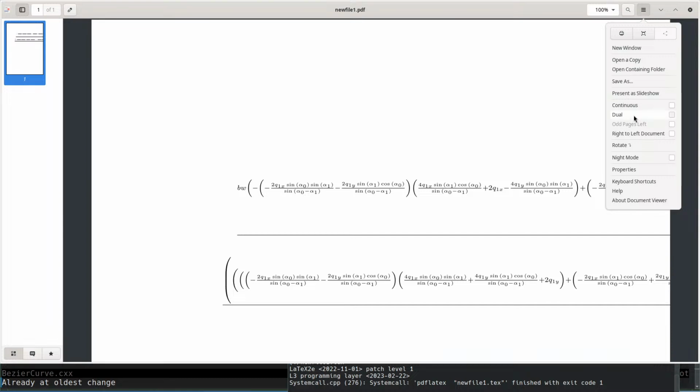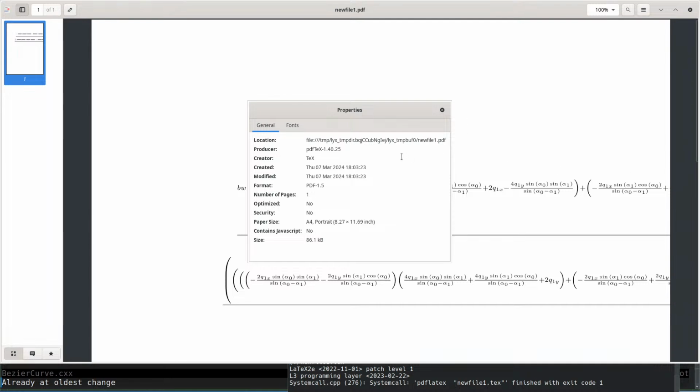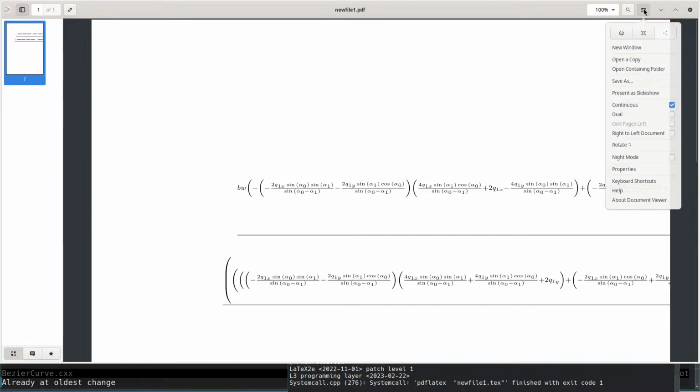What does continuous even mean? I think that's vertical. Okay, so we definitely want that. Right to left, rotate, properties. No, that's not it. Yeah, A4 here. So please change that. Can I edit it? Nope, cannot edit it. So it's called properties, but you can't change it.